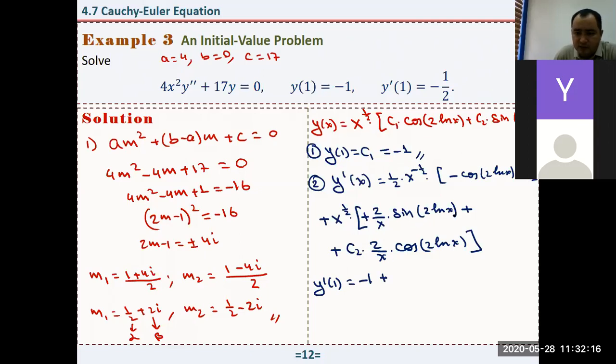Also this thing is equal to 0, and also this is equal to 1. So here we have 2c sub 2, which is equal to, on the right hand side, minus 1/2. So if you just take this 1/2, then c sub 2 equals 1/4.